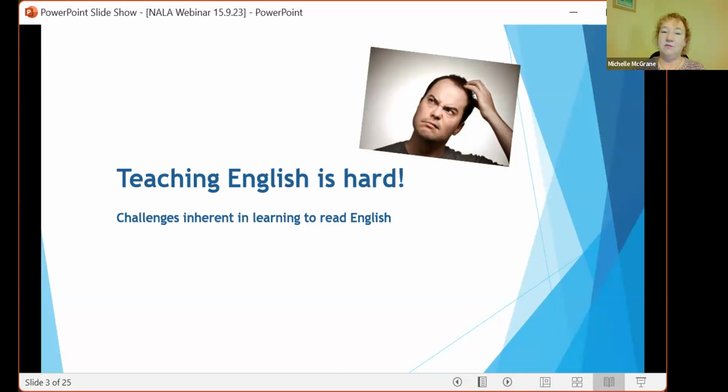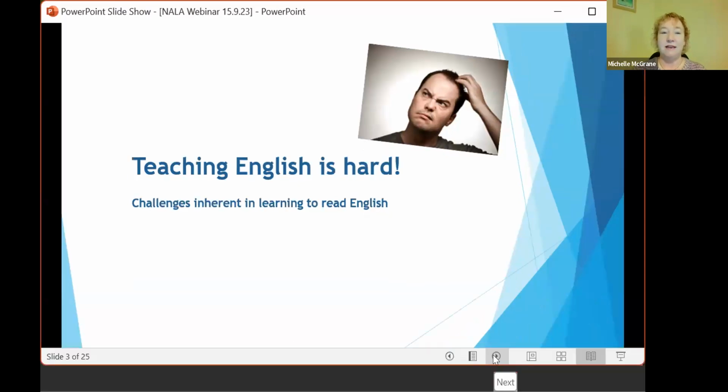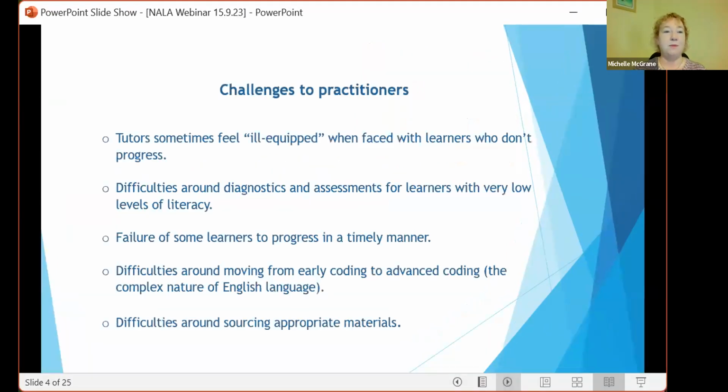This little part, I've just called it Teaching is Hard, because you may or may not be aware that English is in fact an extremely difficult language to learn. So I'm just going to talk about that a little bit now. I've divided it into three parts: the challenges to the practitioners, that's us, the tutors, the challenges to the learner, and the challenges to organizations.